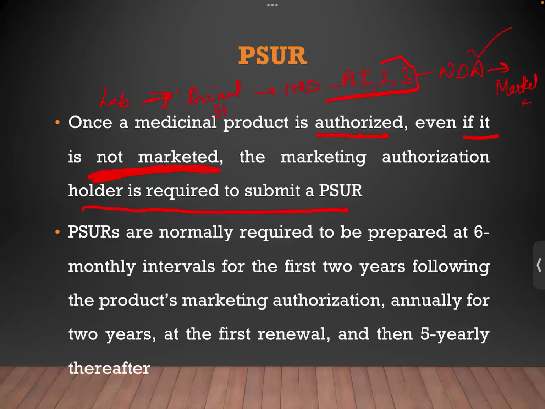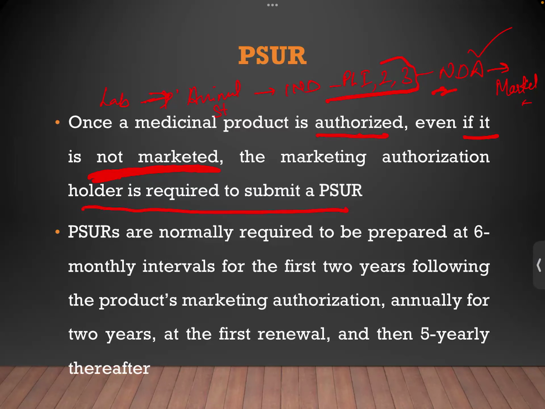Somehow, due to one reason or another, they withdraw the application. One example I can give you is that their trial was successful, their medicine was successful. When they submitted the NDA, they were not given permission for first line of treatment. Maybe they were given the option for second line of treatment.